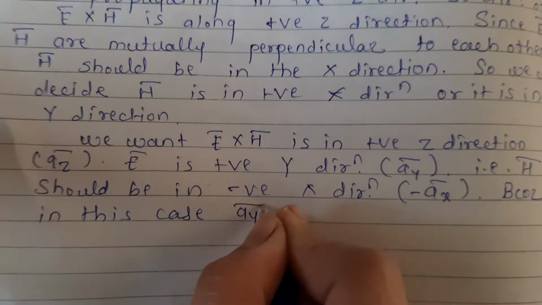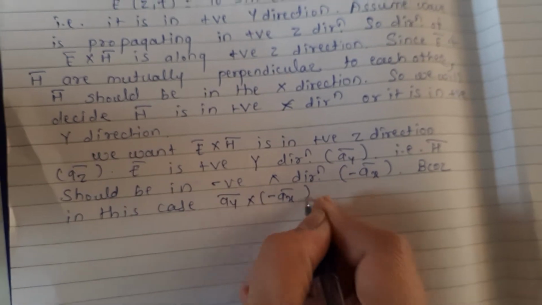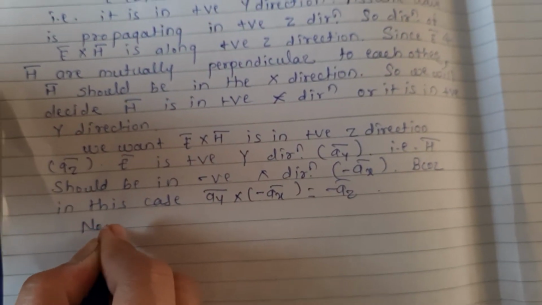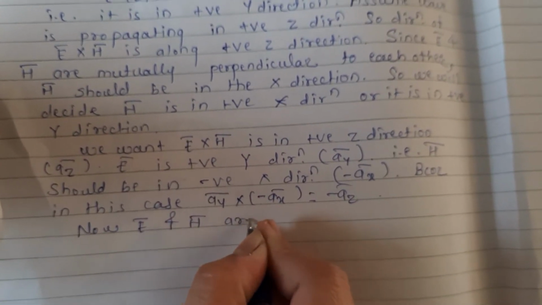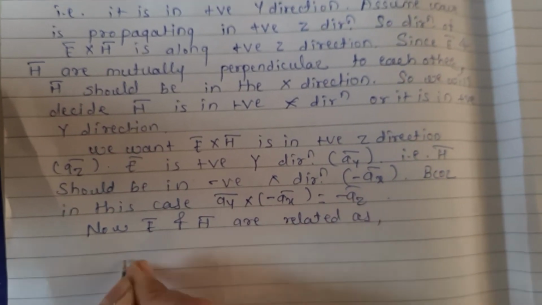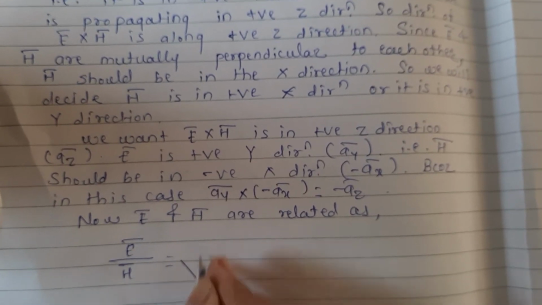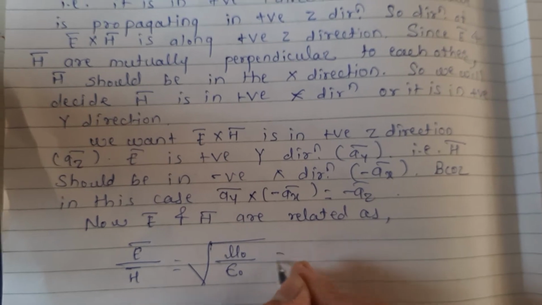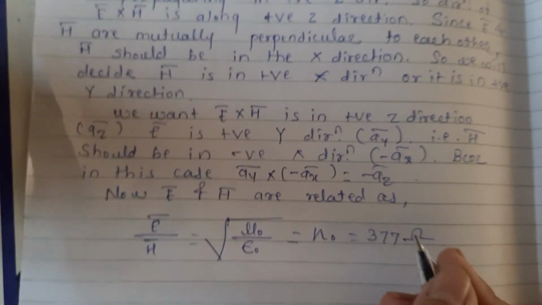a_y cross minus a_x is a_z. Now E and H are related as E by H is equal to square root of mu 0 by epsilon 0, that is 377 ohm.